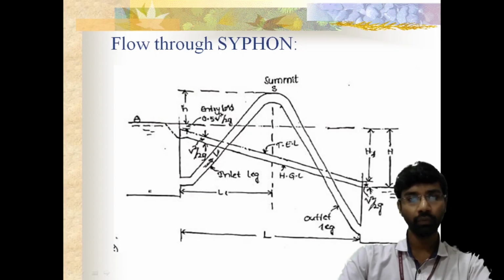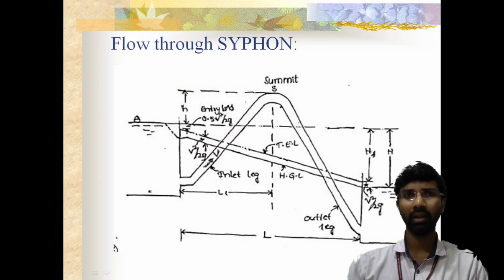Or if, while connecting two reservoirs, you are facing some problems, if you have any high elevated hill-like structure or heavy, high terrain obstructing you in providing a straight pipeline, then this type of siphon can be used.